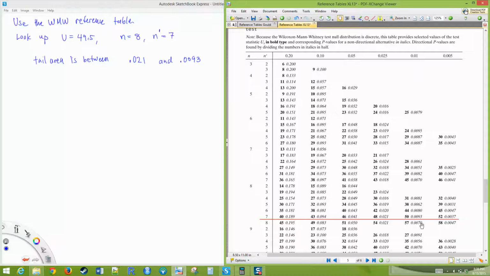We don't have that over here. The closest thing to 0.01 that we can get is 0.0093, and that test statistic is 50. And the closest test statistic in the other direction would be 0.0070, and that one is 45 or something like that. So that's what happens. These are just kind of like, in your head, if you say, I want to have a significance level of 0.01 or something like that, the test statistic you need is what it's saying.